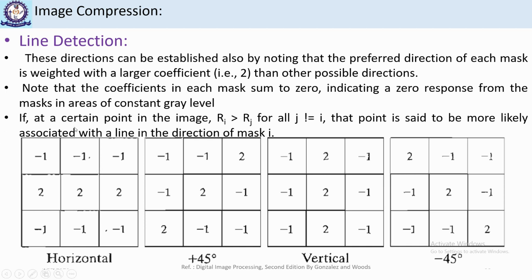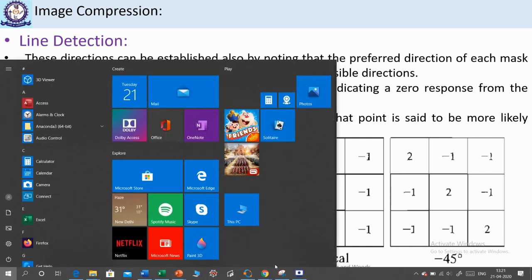So for that, if for a certain point in the image Ri is greater than Rj, that means the response of the ith mask is greater than the response of the jth mask, for all j values which are not equal to i, that point is said to be more likely associated with a line in the direction of i. So if the ith mask has the largest response, then that point will be associated with that particular direction. Let's look at one example to understand this line detection.